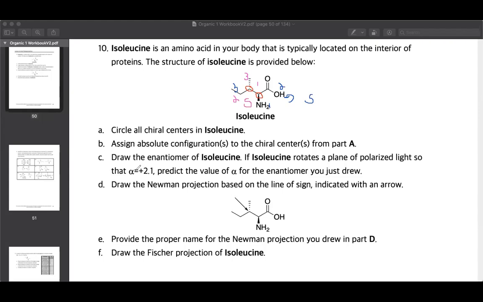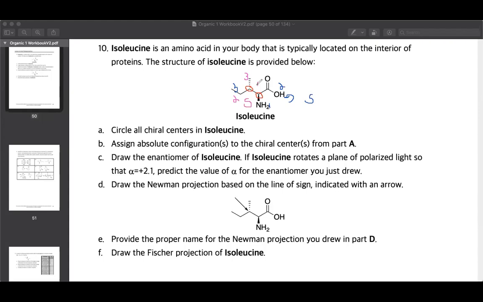You just have to know that the sign is going to change with enantiomers, and that should make sense because this specific configuration that we're seeing on screen may rotate light, let's say, plus 2.1 degrees towards the right. But if I were to invert all of those centers, then the exact same magnitude happens, 2.1 degrees, but now in the opposite direction because you have the opposite chirality. So if I'm predicting the value of alpha, alpha is just negative 2.1.